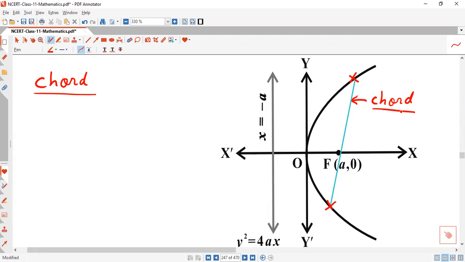So I would like to write down the equation of this chord. Suppose a point t1 is given to you, and this other point is t2.